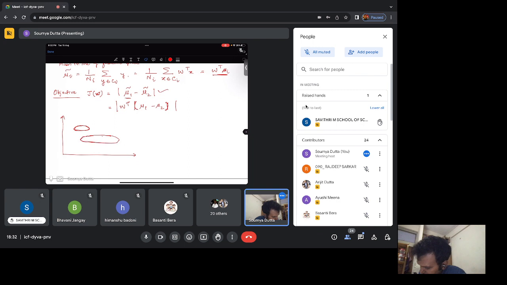By these two ellipses, I mean that this is the way the points are distributed in class 1 and class 2. Let this be class 1 and let this be class 2.